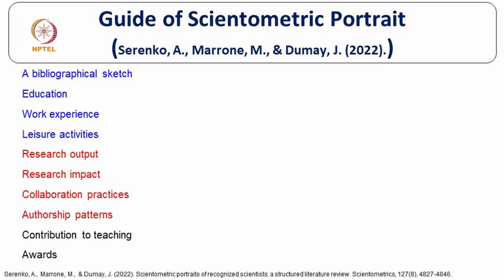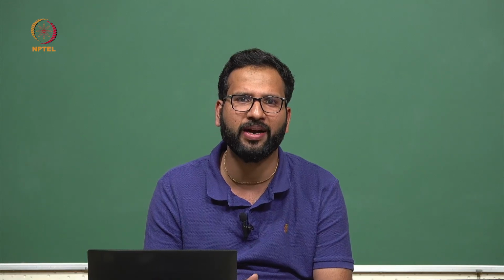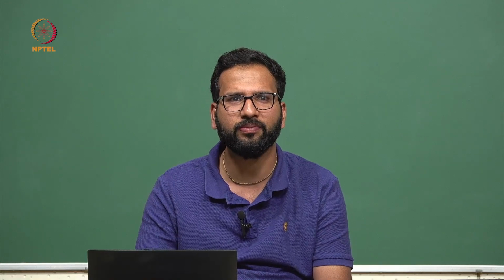First, we have a bibliographical sketch that includes the date of birth, place of birth, family, and secondary education. After that, in education, we have information like where the author completed undergraduate, postgraduate, and PhD, or maybe the postdoc, the main research area of the PhD and postdoc, and under whom they were conducted: the supervisor, advisor, and role models.